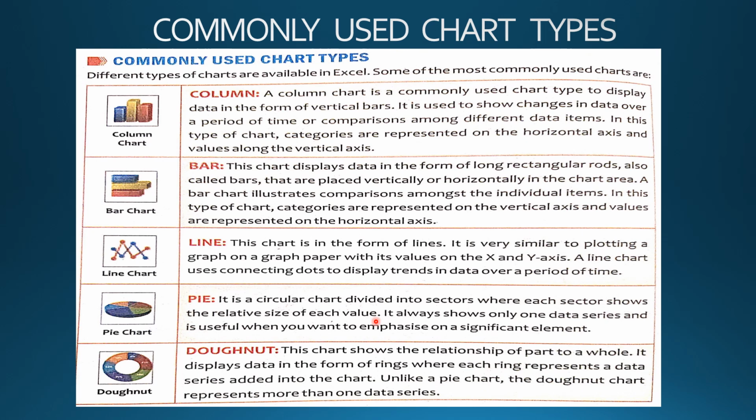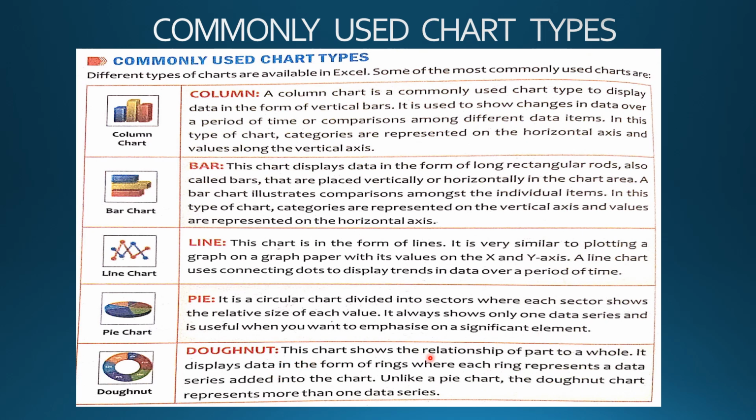If you have gone through the gases chapter, the charts must be there; the same thing can be represented in the form of a pie chart in Excel as well. It always shows only one data series and is useful when you want to emphasize a particular or significant element.